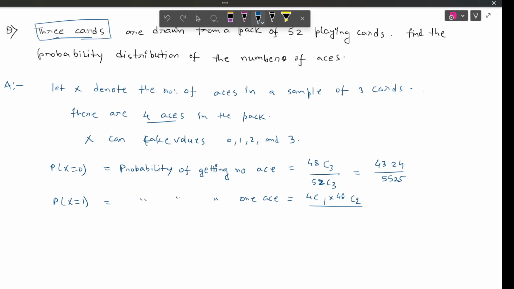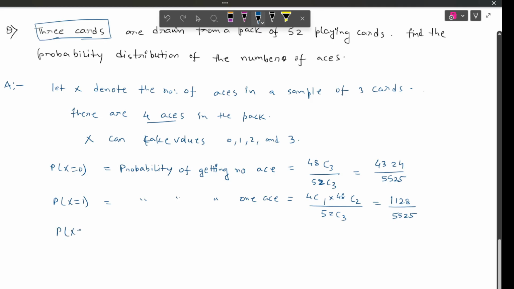In total, 3 cards you have drawn, out of 52C3, because out of 52 cards you have drawn 3 cards. If you calculate this value, it comes out to be 1128 by 5525.